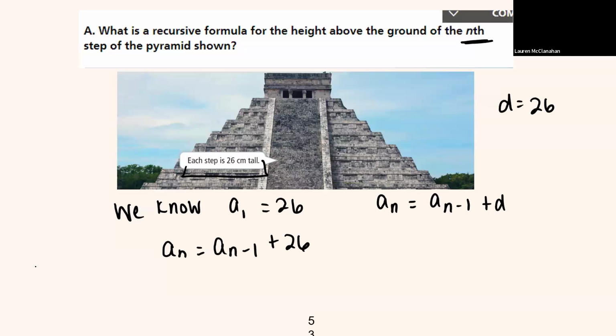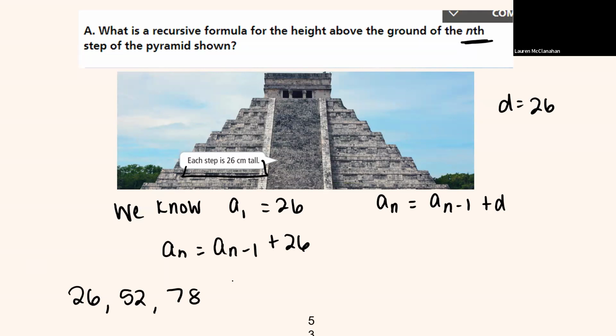All you need to know for the recursive formula is that you just plug in 26 in place of your common difference. So if you know your first term was 26, to get to the next term, we're going to add 26 more. 26 plus 26 is 52. Then how do we get to the next one? Plus 26 more, so 78. So we know it's adding 26 every time, okay?